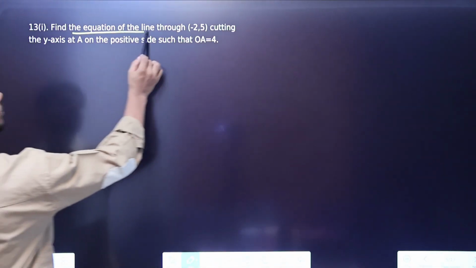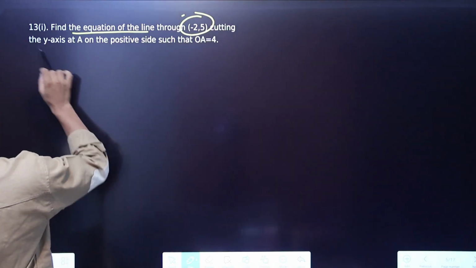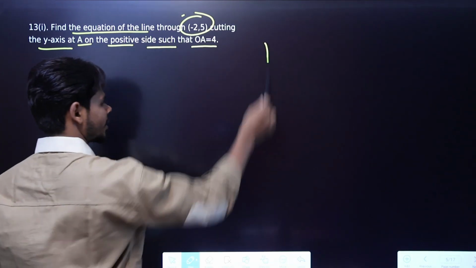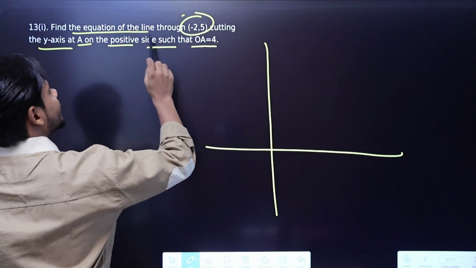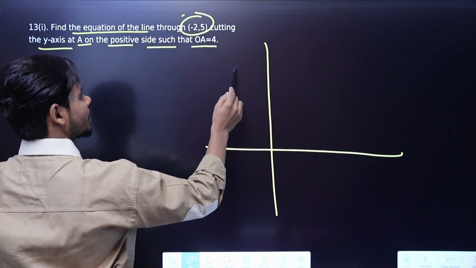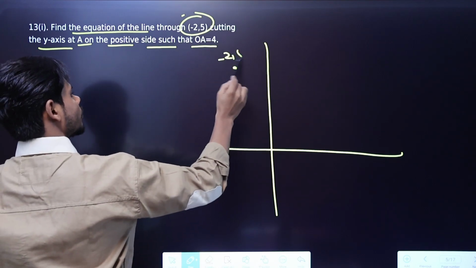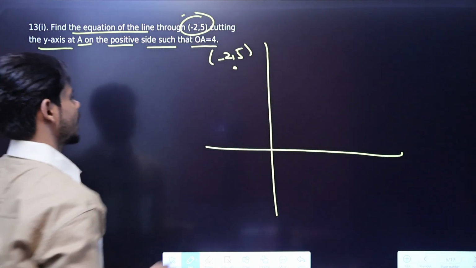Next question. We need to find the equation of the line passing through the point minus 2 comma 5, cutting the y-axis at A on the positive side such that OA is 4. Let's draw the figure first. So there is a line passing through minus 2 comma 5, and cutting the y-axis at A on the positive side.